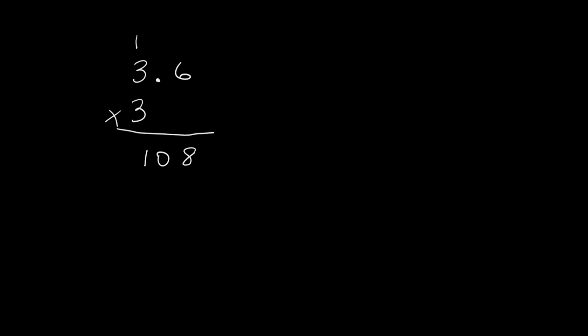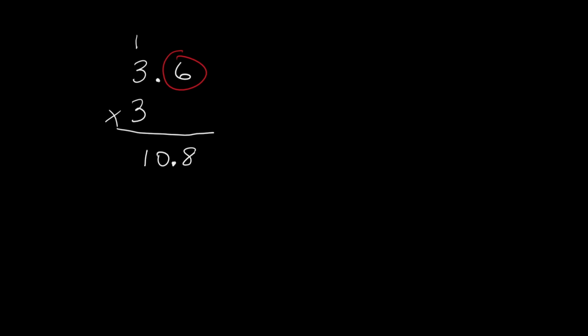Right now we only have one number behind the decimal point, which is the 6. And so we should only have one number behind the decimal point in our answer. So our result is 10.8.